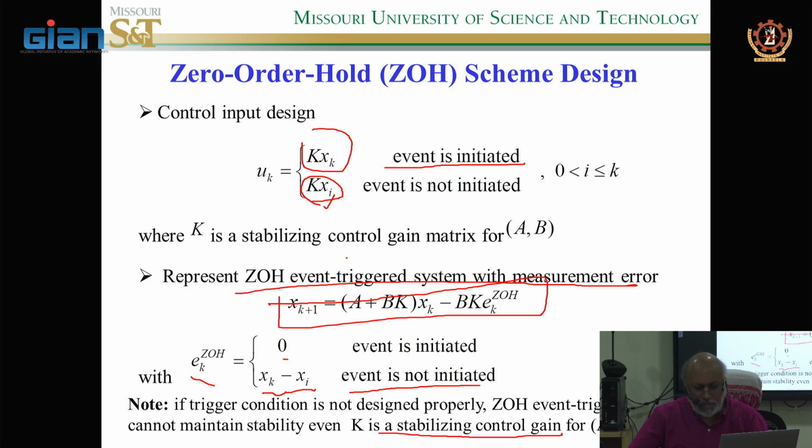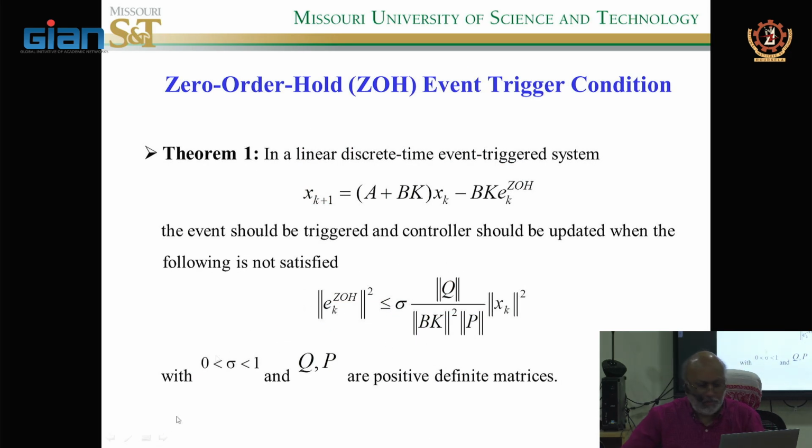People have designed this and they want to make sure that this system doesn't become unstable by designing a condition. Now, how do you design a condition? That condition is given by this equation, which I showed you. The event trigger error should be less than or equal to a function of the state.